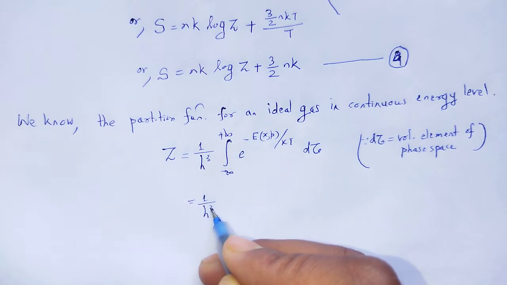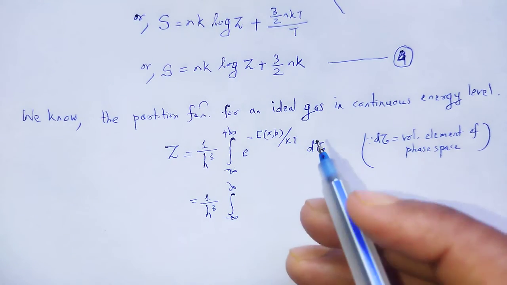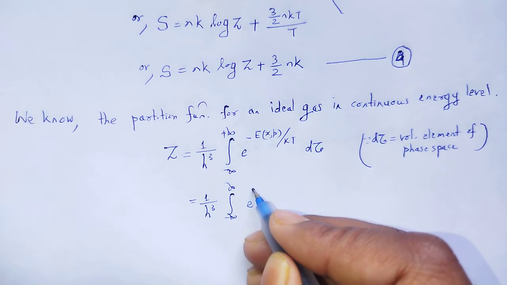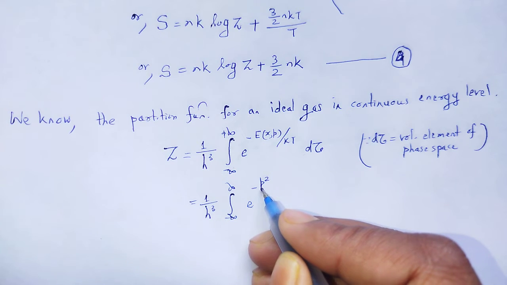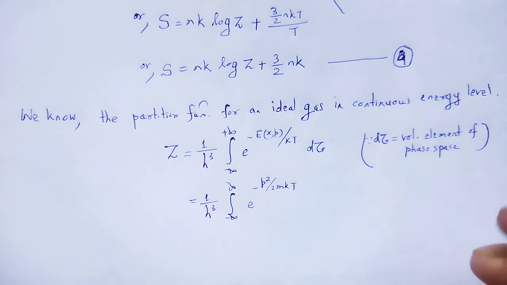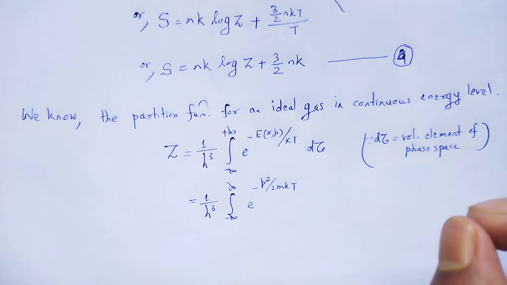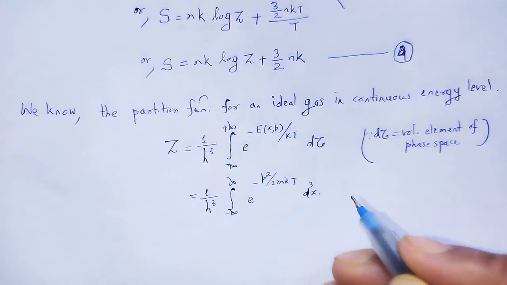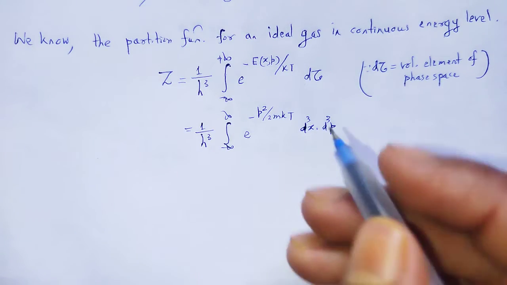One by h cube, that integration from minus infinity to plus infinity, the expression of energy in terms of momentum as p square divided by 2m. So the expression will be p square divided by 2m kT d tau, that is the volume element of phase space. Phase space volume is the position into momentum. Here the position as dq x, momentum dq p as you consider in 3 dimension.